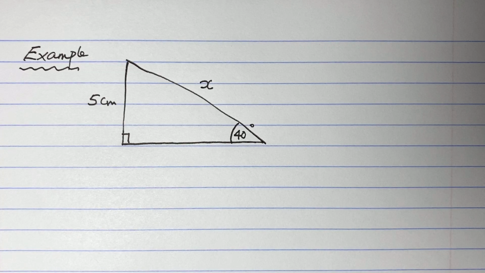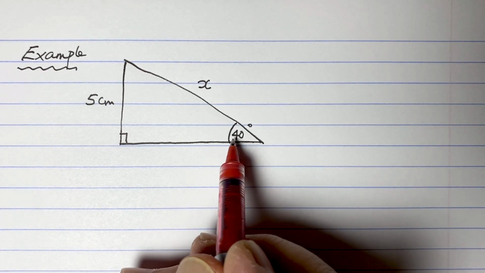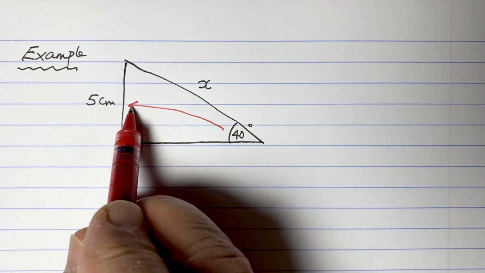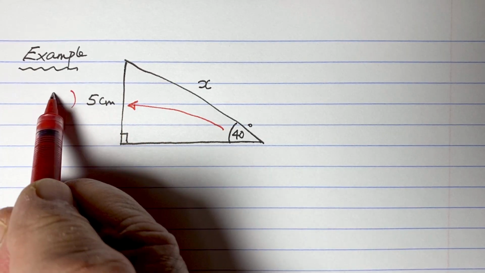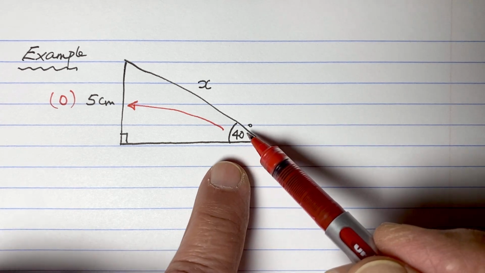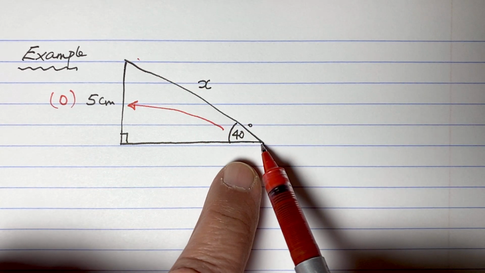You need to label, based on the given angle. Because 40 is here, opposite to 40 is called the opposite. So that 5 centimeter represents O, or opposite. You can trace the arms of the angle. That's the vertex.